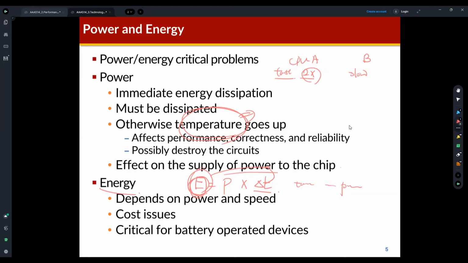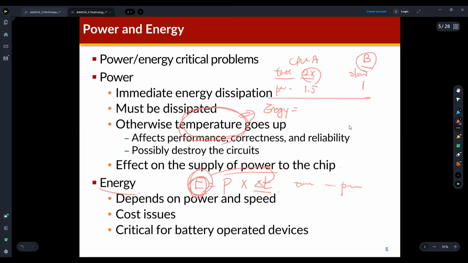But if the power consumption of CPU A is about 1.5, and the power consumption of CPU B is 1, what is the energy?